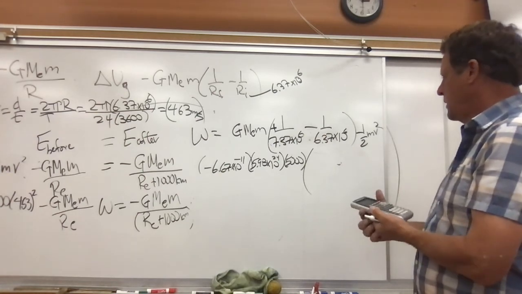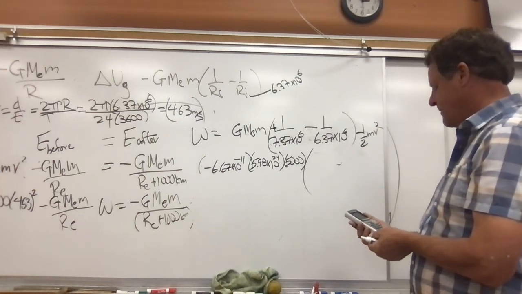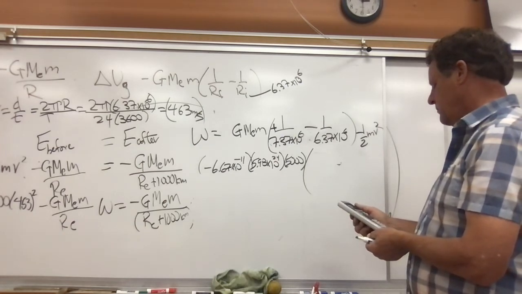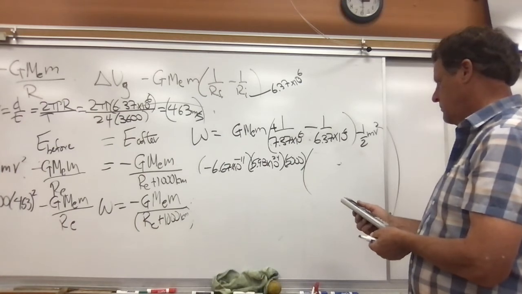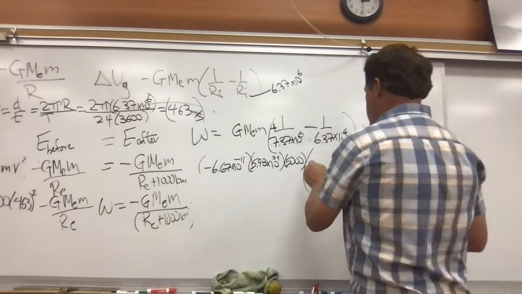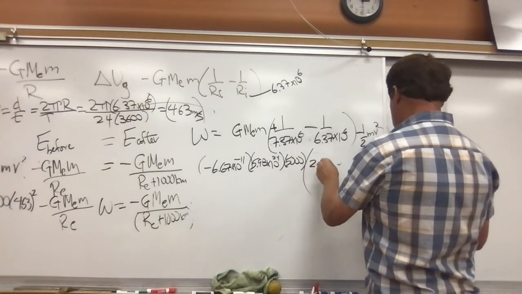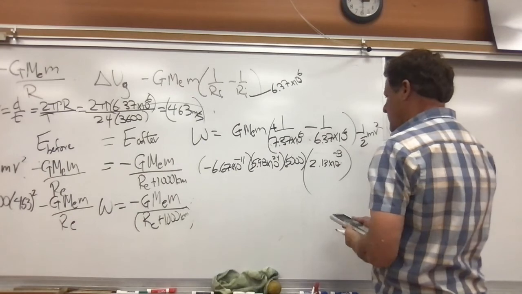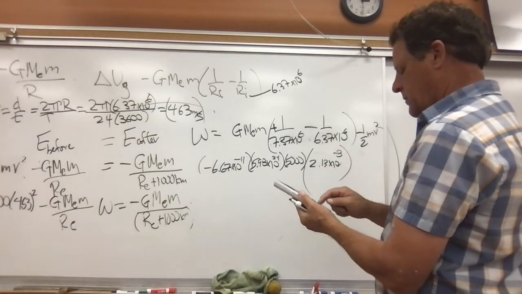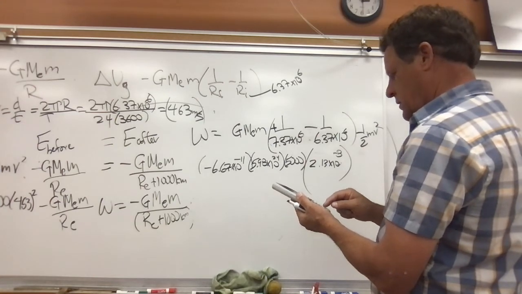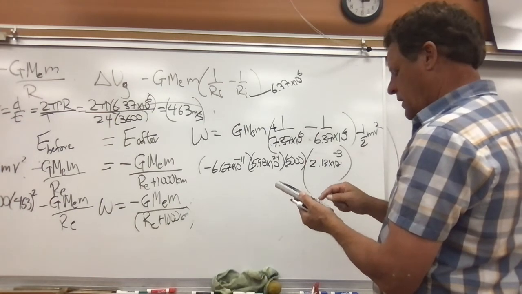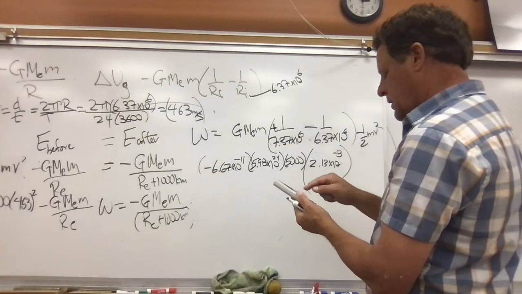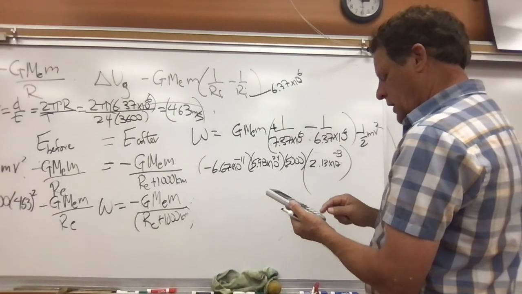And we are 2.13 times 10 to the negative 8th, okay, times 5,000 times 5.98 times 10 to the 24th times 6.67 times 10 to the negative 11th.